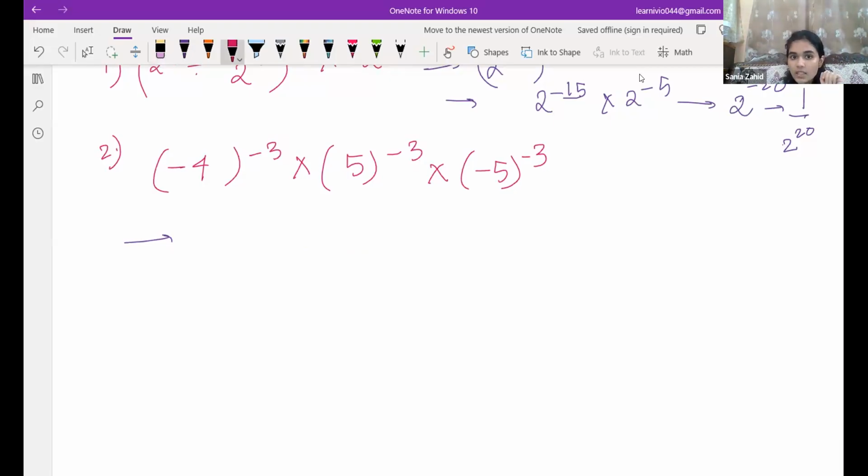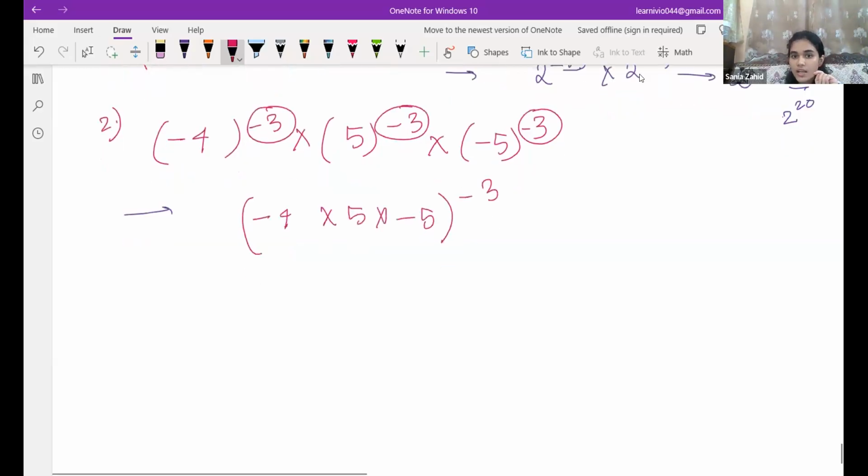Power is minus 3, minus 3, minus 3. So you have minus 4 into 5 into minus 5, and the power is minus 3. So what's your answer now? 4 into 5 into 5 is 100, and minus into minus is plus, so plus 100 to the power minus 3. So the answer becomes 1 by 100 to the power 3.